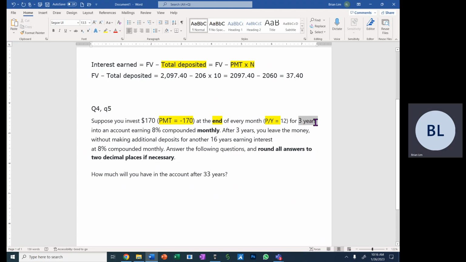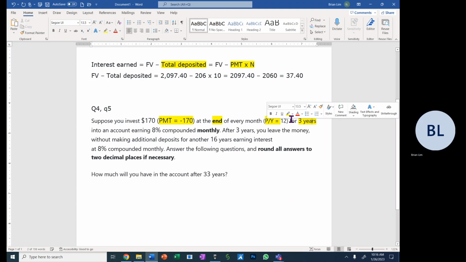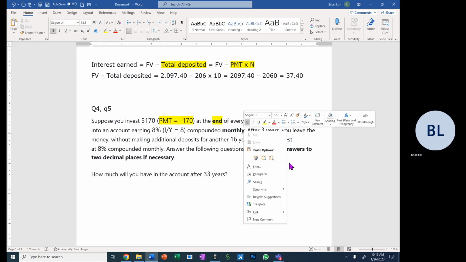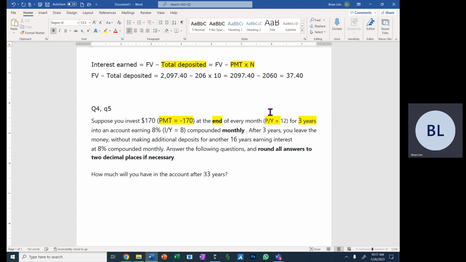We'll use the 3 years when we calculate N. It's an account earning 8%, so that is the IY value of 8. It's compounded monthly, so CY would be equal to 12.